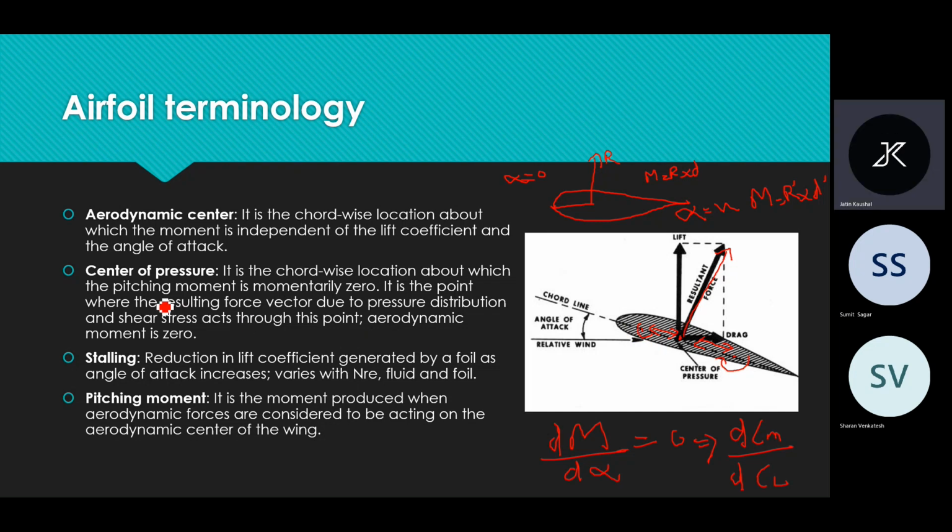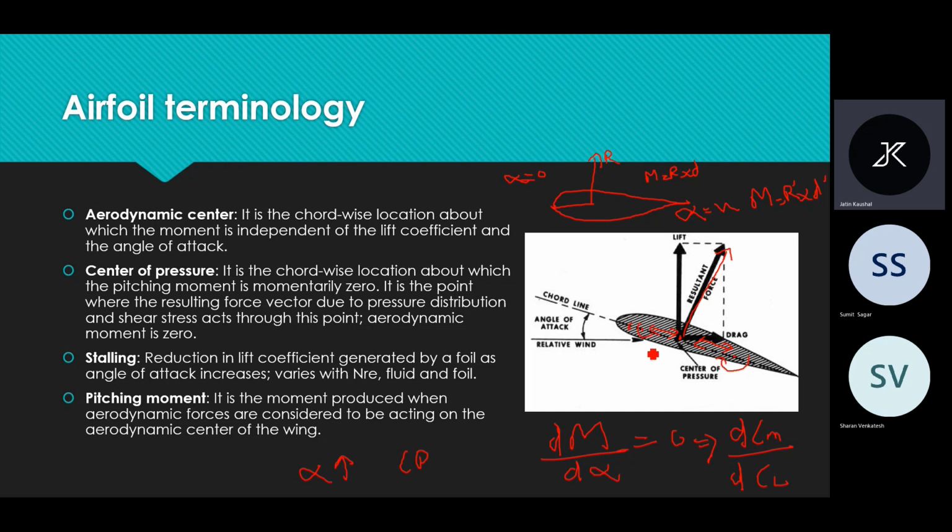You might doubt, why are there two centers? In the center of pressure, as we increase the angle of attack, the position of the center of pressure varies. As alpha increases, the center of pressure comes closer to the leading edge.